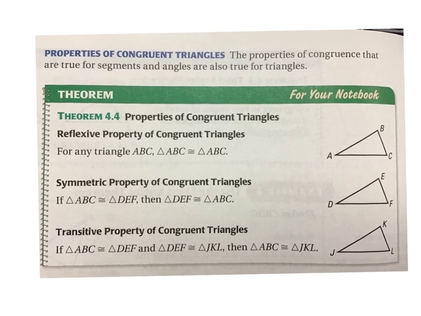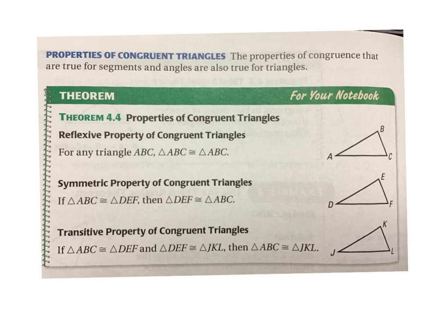The properties of congruence that are true for segments and angles are also true for triangles. So all those theorems and properties you already learned for segments and angles, those count towards these triangles. So Theorem 4.4 tells you the reflexive property of the congruent triangle is triangle ABC is congruent to ABC. So you can use that in your proofs.